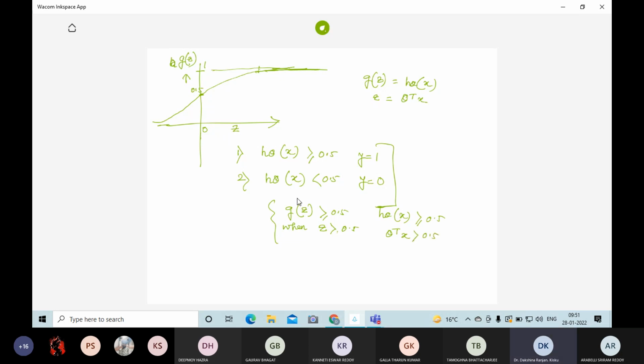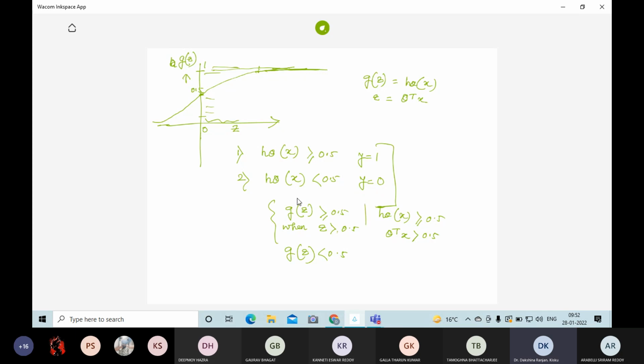Why? Because on the right side of this point, the lower bound 0, we have 0.5, and on the left side of this lower bound 0 we have g of z less than 0.5. So above 0.5, or greater than or equal to 0.5, will represent this area, that means the right side of this. And the left side of this lower bound will be less than 0.5.